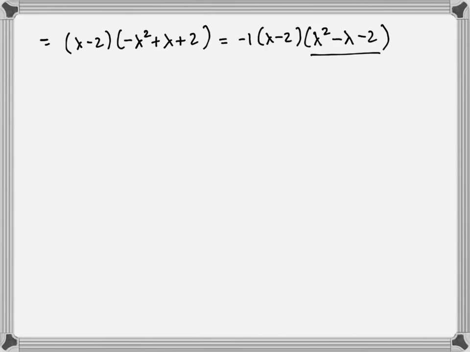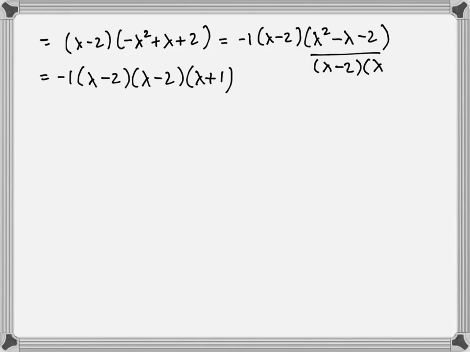The whole reason that we did all this factoring by grouping is that we know how to factor quadratics from algebra. So this is equal to negative 1 times lambda minus 2 times another lambda minus 2 times lambda plus 1. Right? Because this thing I underlined over here factors into lambda minus 2 times lambda plus 1.